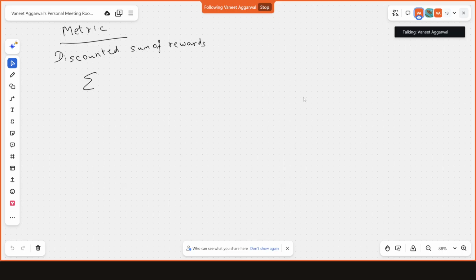It is defined as summation gamma to the k r_k. So this is basically r0 plus gamma times r1 plus gamma squared times r2 and so on.